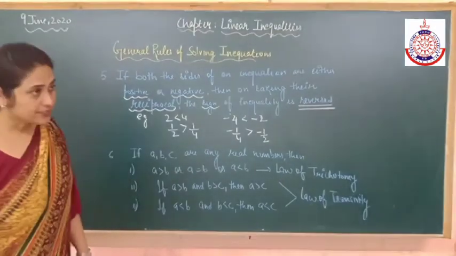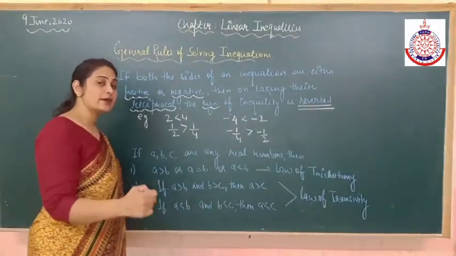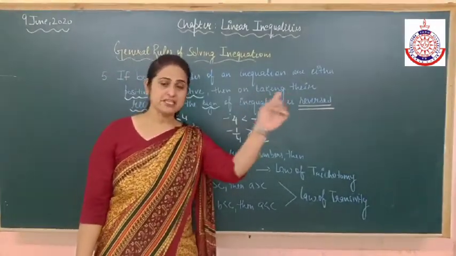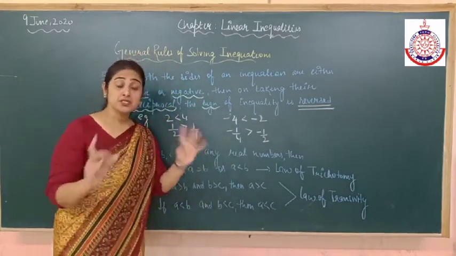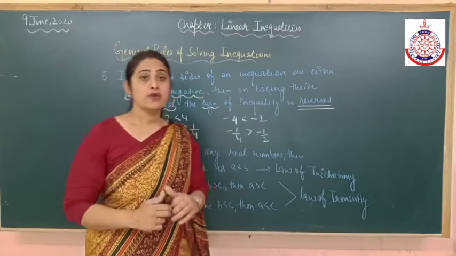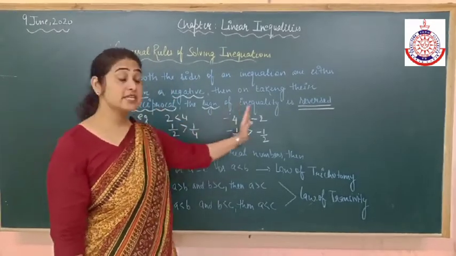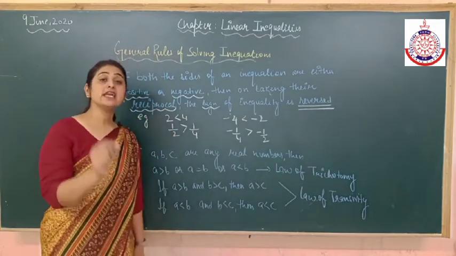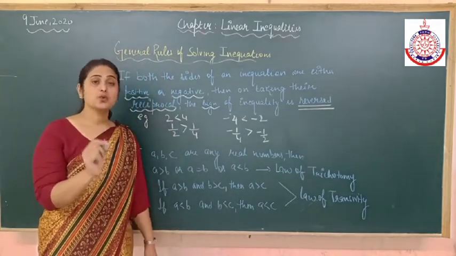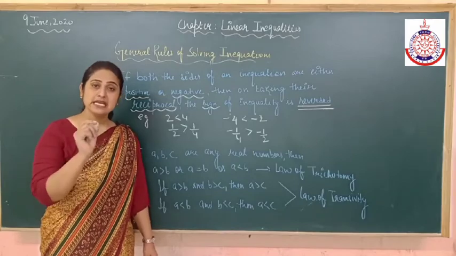So one more thing: the sign of inequality is reversed when we multiply or divide by a negative quantity. And if I take the reciprocal, when both sides have the same sign, either positive or negative, the sign of inequality is reversed.